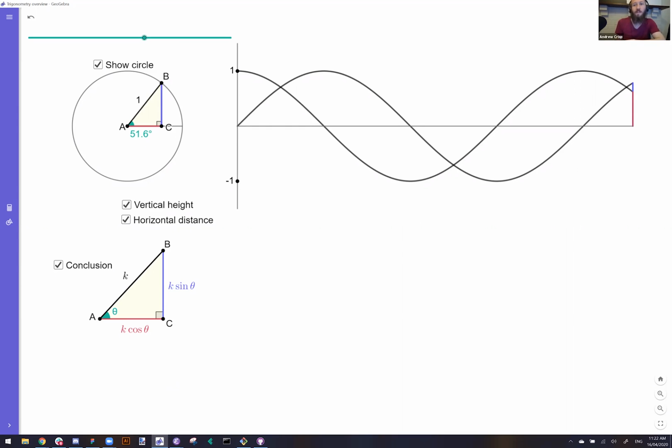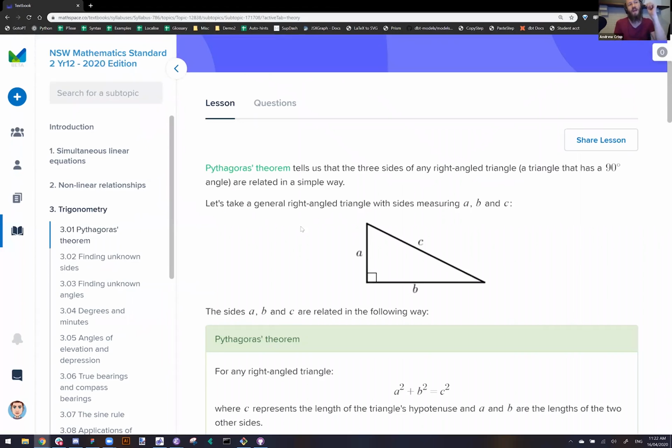Okay, so minimize this. Let's go back one step. What was Pythagoras useful for? Well, if you had two sides, then you could find a third side. I know this side, I know this side, I can find this side. Everything I just discussed, the sine, the cos, the tan, we're going to use when we know one side and one angle.